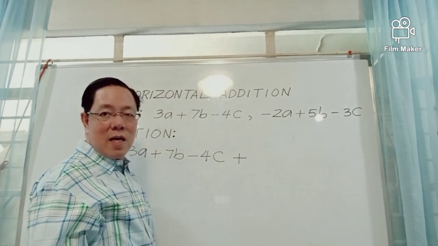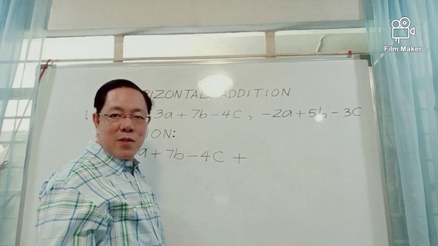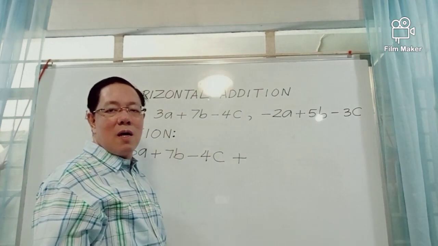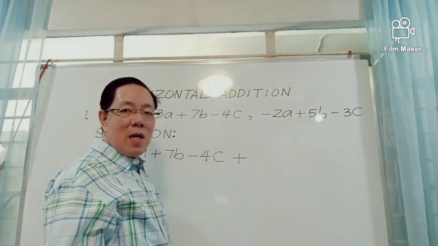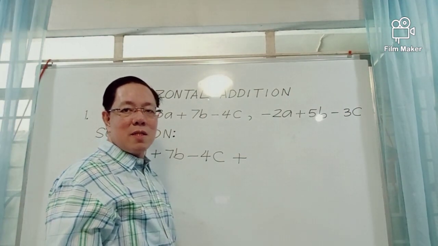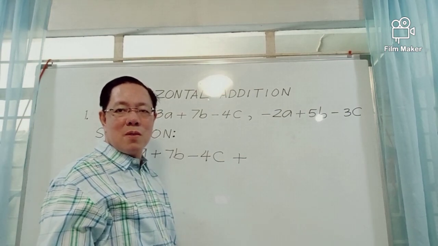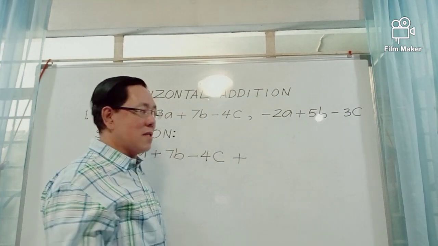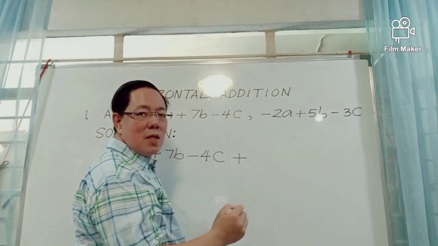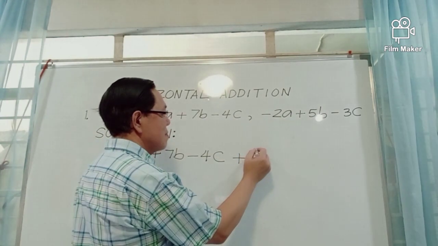If the second and the third or the fourth given algebraic expressions have more than one term, you write the algebraic expression within the quantity using a grouping symbol called a pair of parentheses. So we write this inside the quantity using a pair of parentheses.